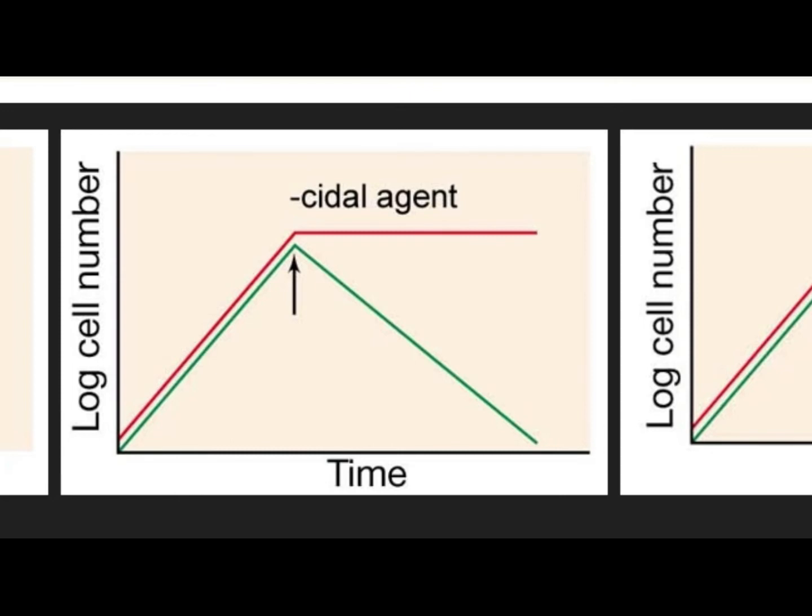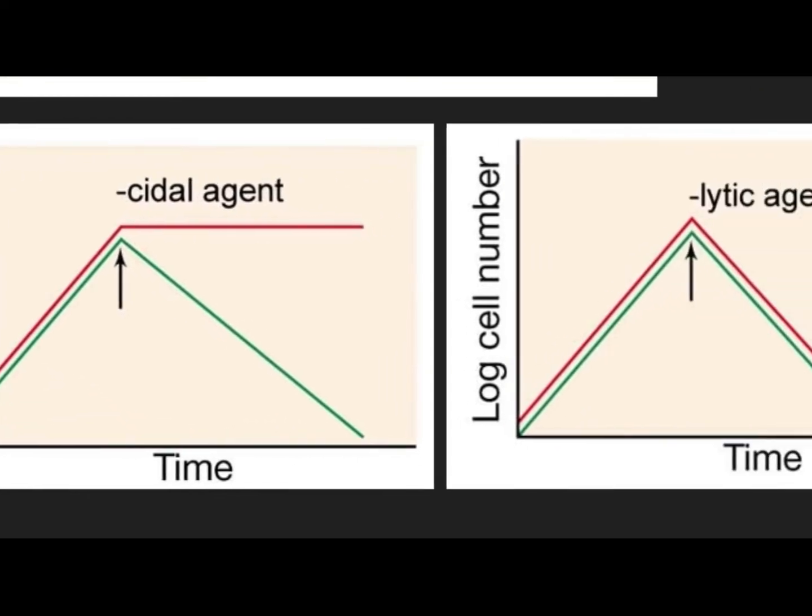There's no change in the total number of cells over time, but this will highlight for you how important it is to have maybe those tedious and time-consuming processes which give you a viable cell count, because notice when you add the microbicidal agent, though the total cell count stays the same, the viable cell count drastically drops over time, has a very steep negative slope, and so you're killing those organisms. So this is a microbicidal agent.